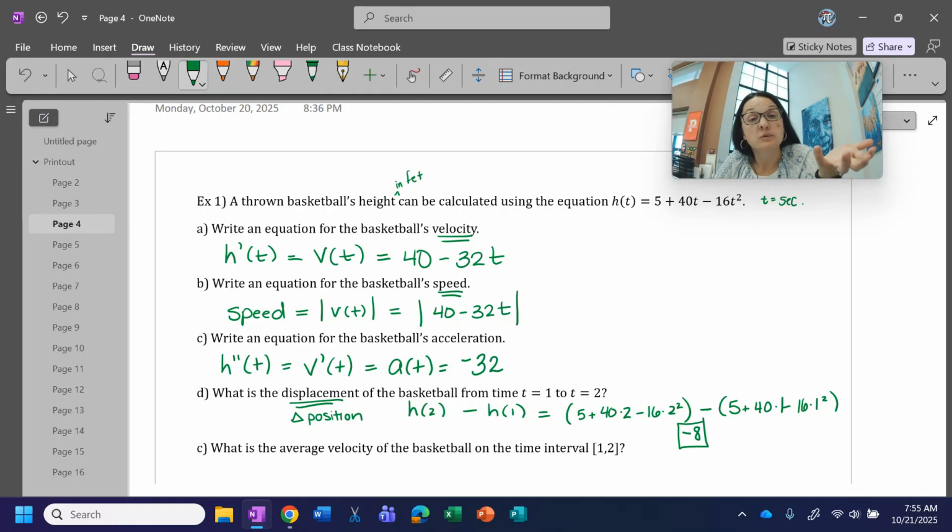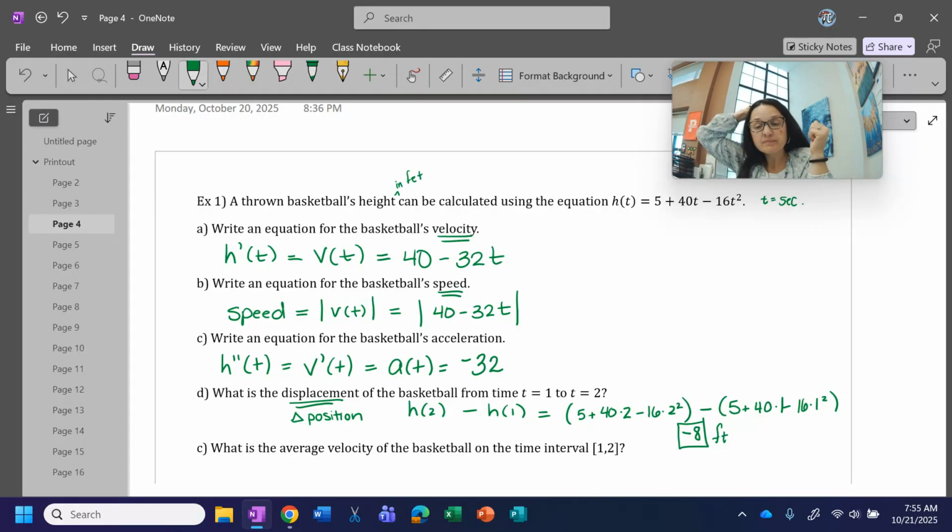So if I'm measuring my basketball in feet and over time of seconds, if my displacement is negative 8, that's a change in position, so that is negative 8 feet. That means from second number 1 to second number 2, the net change in the height of that ball was negative 8 feet, aka the ball is 8 feet lower at t equals 2 than it was at t equals 1.